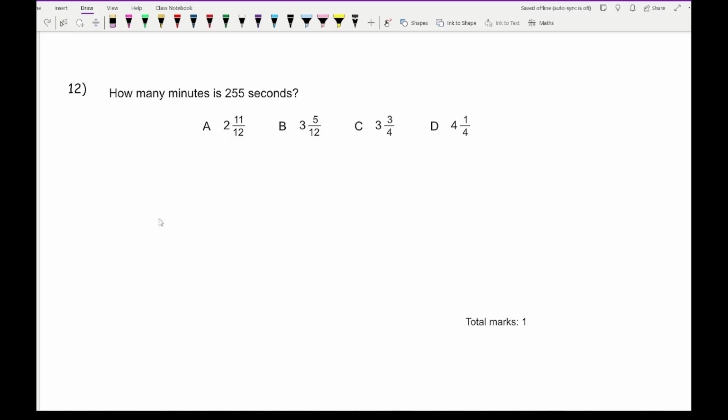So this equals 4 minutes and 15 seconds. Now 15 seconds is a quarter of a minute. So it's 4 1/4 minutes, which is option D.